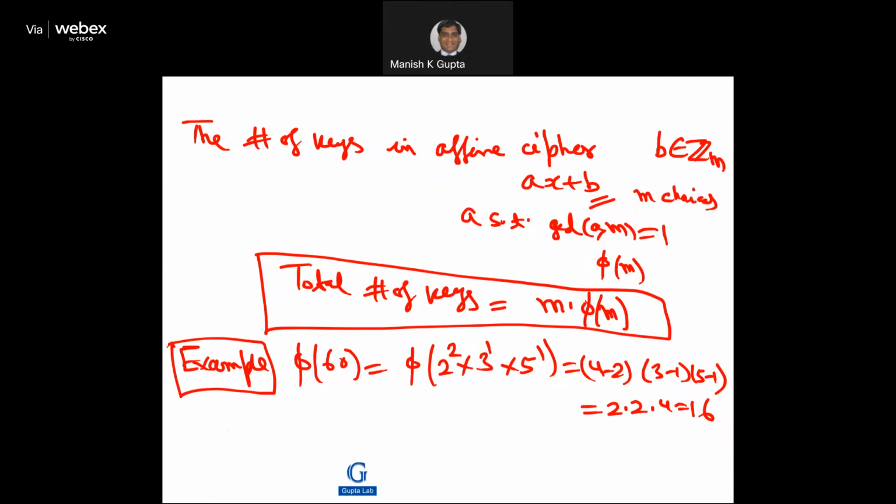The Euler totient function is a beautiful function, because it counts many beautiful things, and this is just one of them. In fact, if I ask you a question, how many pairs x comma y over Zm are such that GCD of x and y is 1, that will also involve this kind of function.